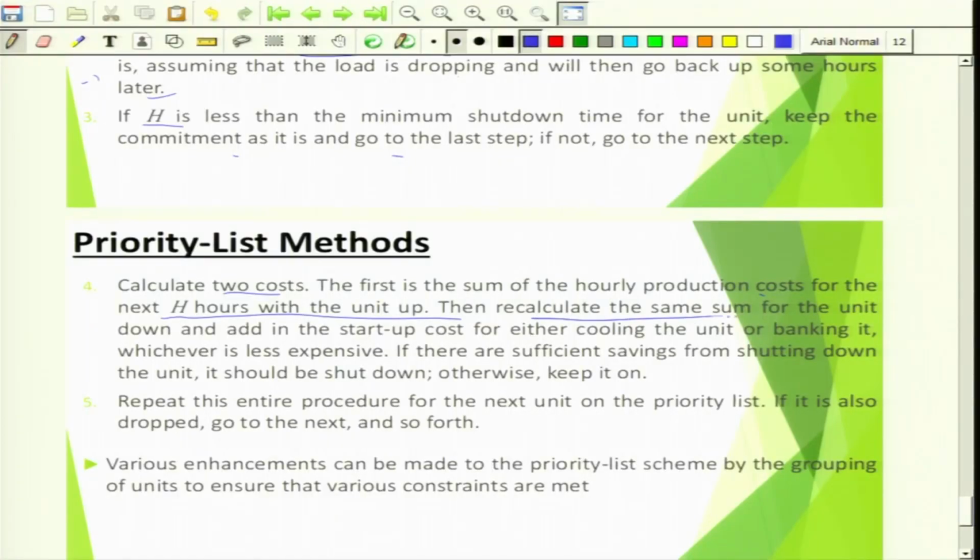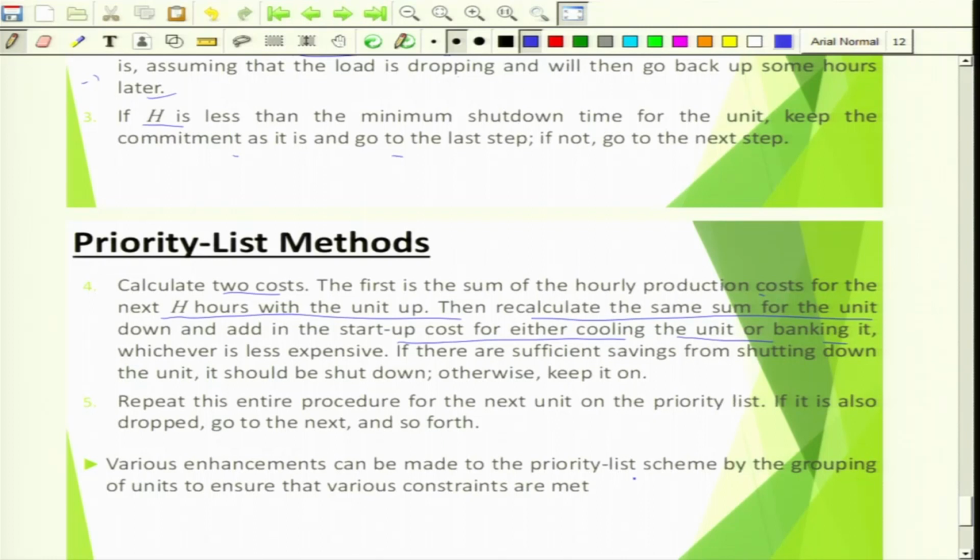Then recalculate the same sum for the unit down and add in the startup cost for either cooling the unit or banking it. So considering the unit is up and feeding the power, that is one cost. The second cost is where you bring the unit down, you switch off the unit, and then you also find the cost associated with cooling and banking.